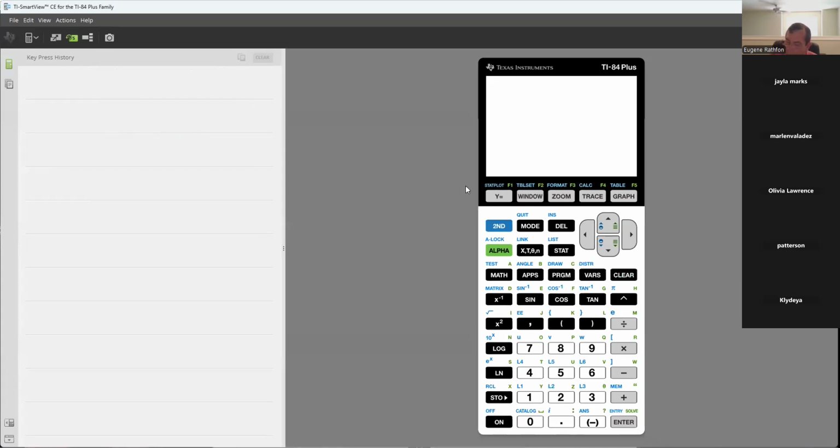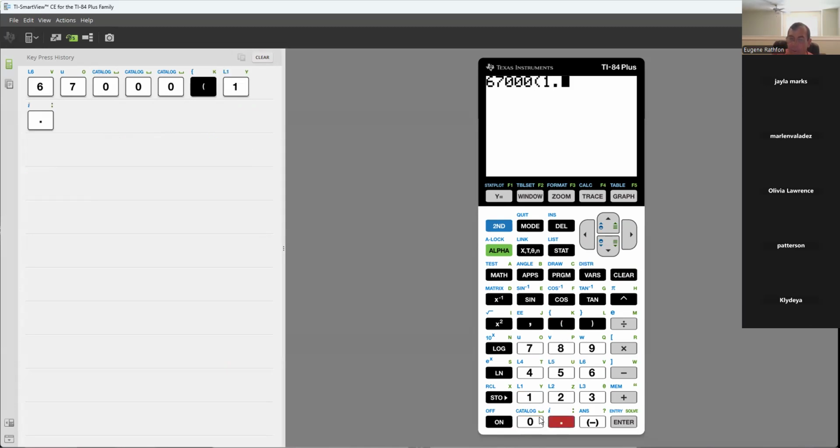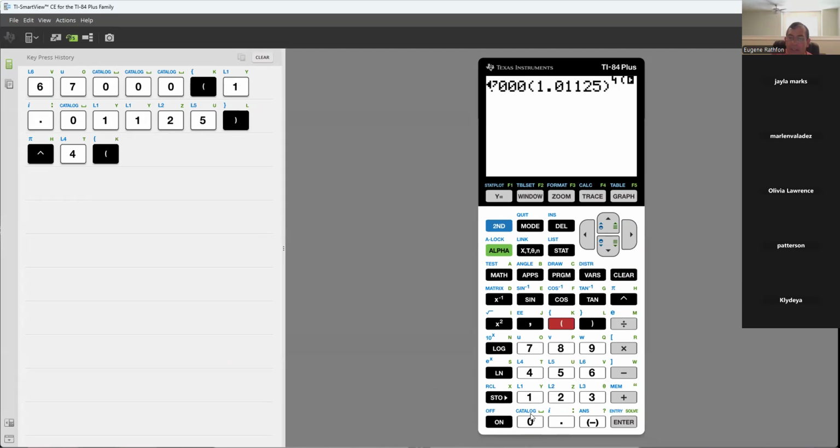The first way is to come in and punch them in individually. 67,000, parentheses, 1.01125, close parentheses, and then this would be when I have 4 times t, which was 0. So when we hit enter, we get 67,000. Now my next one, t was 4.